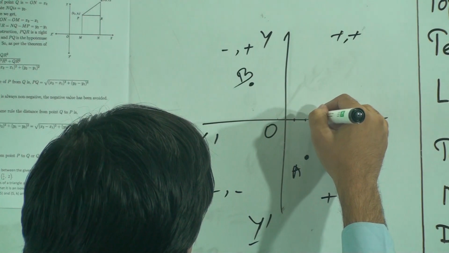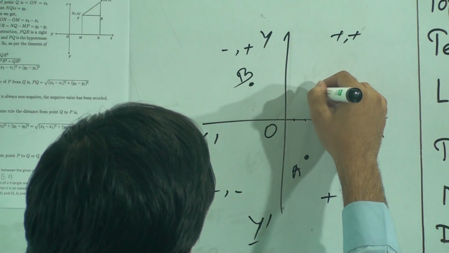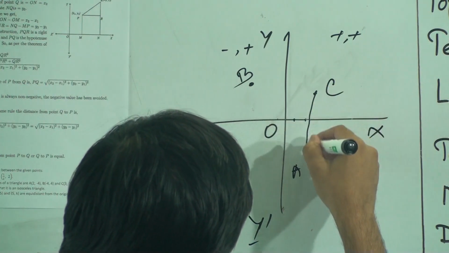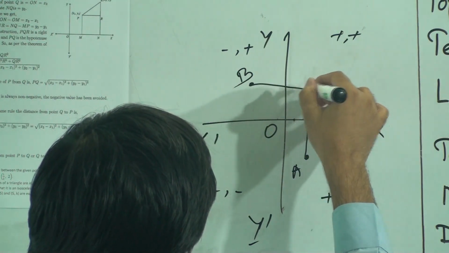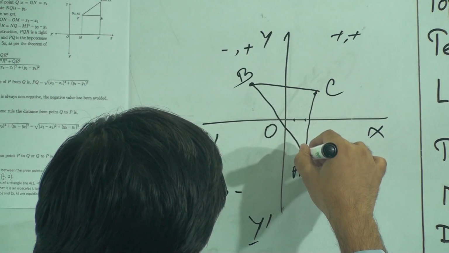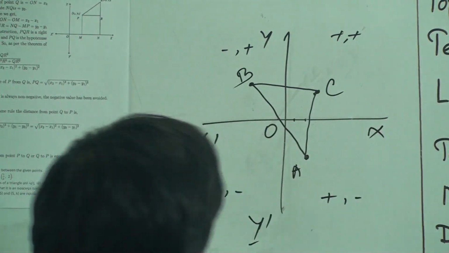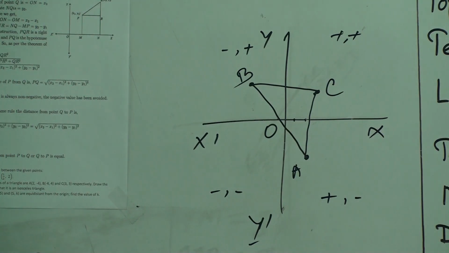Here is 3, here is 3. So this is point C. Now join these 3 points and you will get a triangle. This triangle will be an isosceles triangle.